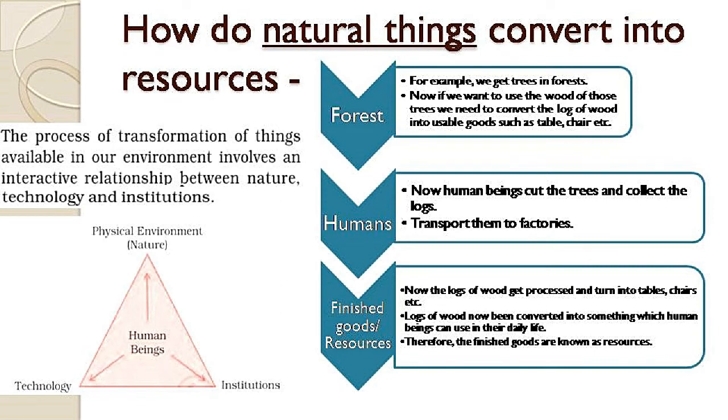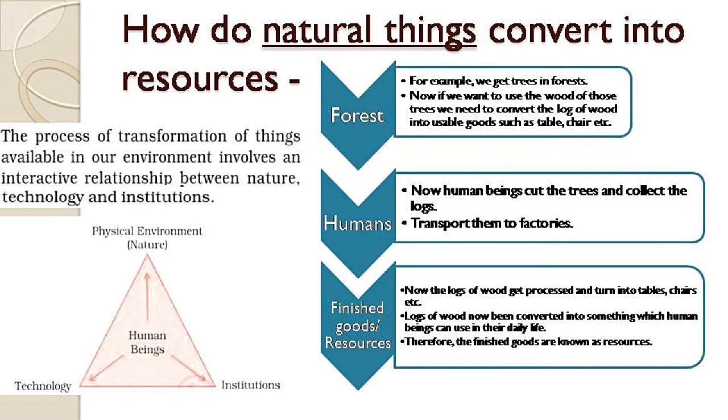For example, let us move into a forest. We will see a lot of trees. Can we use those trees directly? No. But what is the part of the tree that can be converted into chairs or tables and then we can use it? Of course, the wood. So we usually go to the forest, cut the trees, collect the logs, and we transport all the logs to factories.